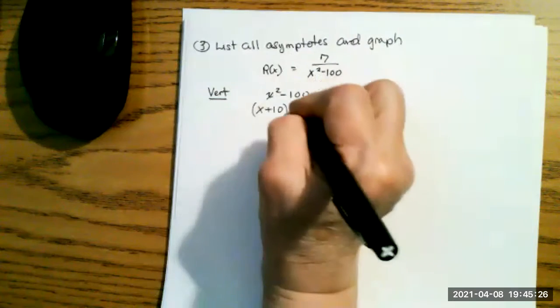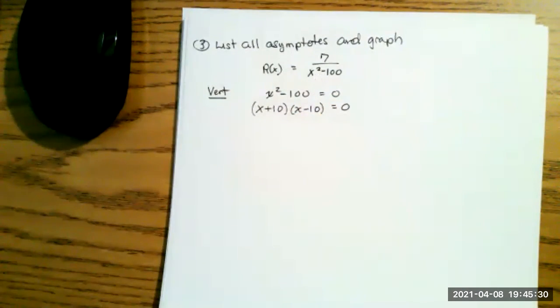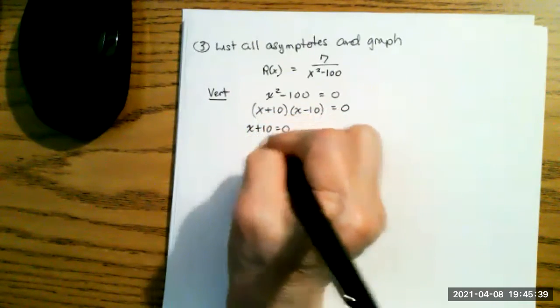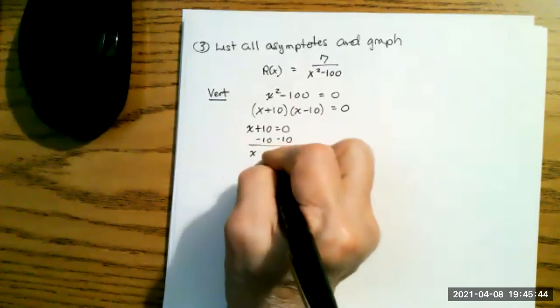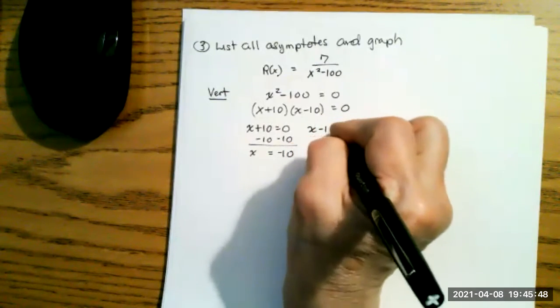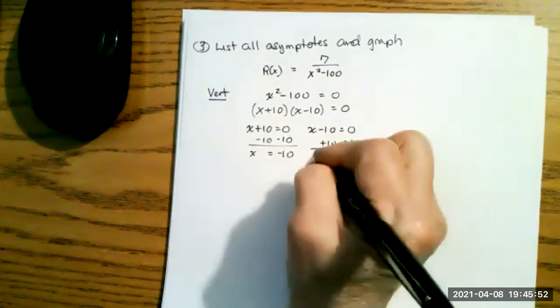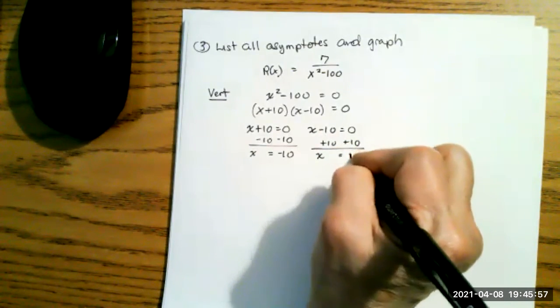We can factor that into x plus 10, x minus 10. The x squared minus 100 is a difference of two perfect squares. So then we just set each one of these equal to 0. Remember, on vertical asymptotes, it's set them equal to 0, not not equal to 0. So we have vertical asymptotes at 10 and -10.